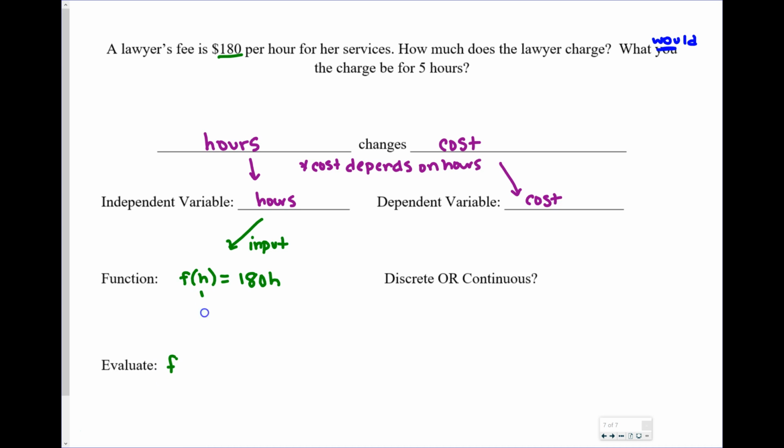Evaluate means that instead of putting h there, I'm going for 5 hours, so I'm trying to find f of 5. So I'm plugging in 5 for h, and then I'm going to calculate, and 180 times 5 is $900.